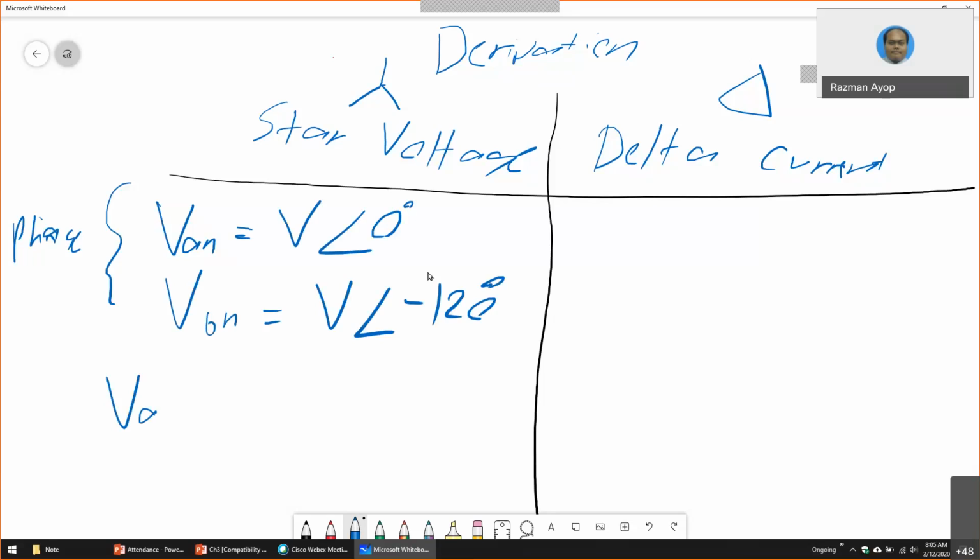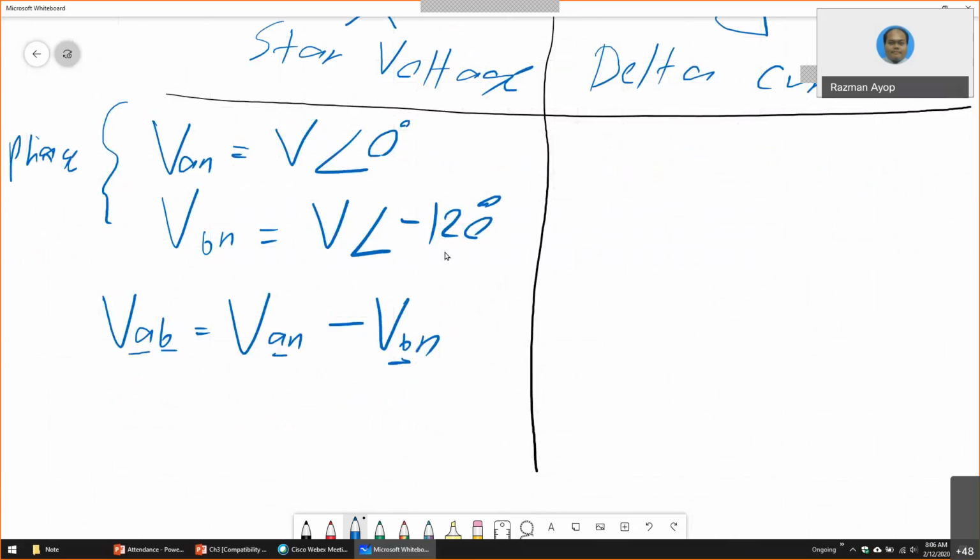And VAB equals to VAN minus VBN. So use this step and then insert the value. Use your calculator, you get 0.5 minus 0.86 if not mistaken.